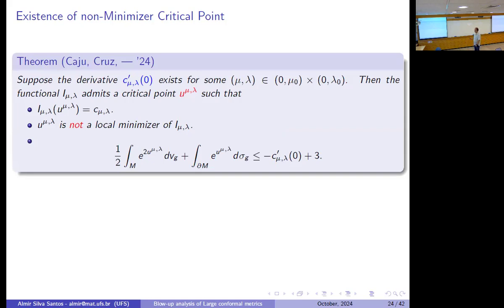Okay, but this is the mountain pass argument, and an assumption that we need is the estimate on this integral here. For the method, this is important, especially because this term has some good properties.